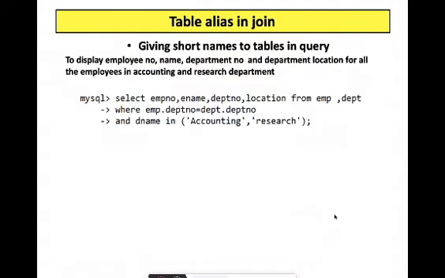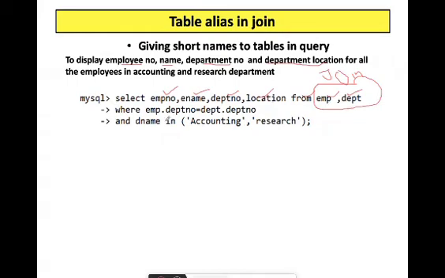So we'll write something like this in the query: select emp number, ename, dept number, department number and location from emp comma dept. Why these two tables? Because data is coming from two tables and we have put a join for all the employees.